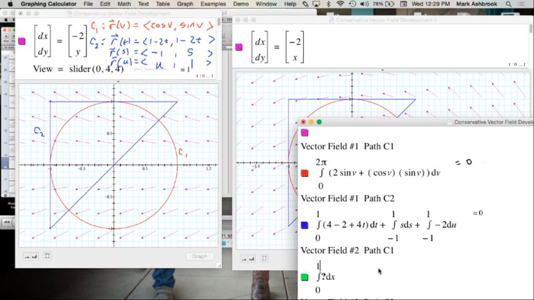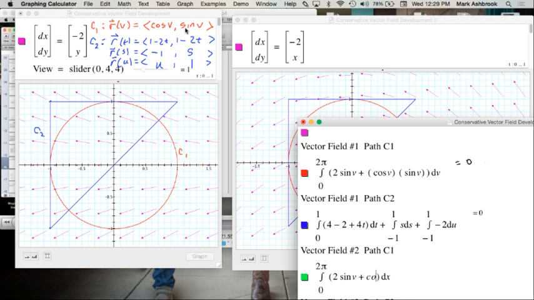This time it's going to be 0 to 2 pi. And now in vector field 2, it's negative 2 and what? Cosine v times negative sine v cosine v. So what does that turn out to be? 2 sine v minus cosine plus cosine squared.